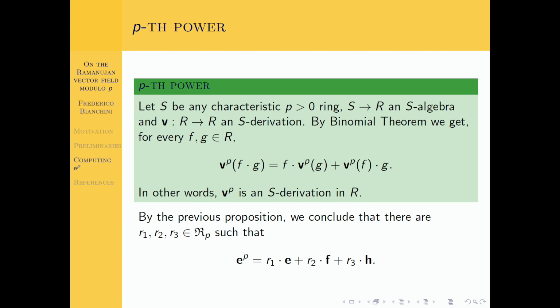It's very simple to prove. The first step to compute e to the p is writing e to the p in this basis. We know that there are 3 coefficients, R1, R2, R3, such that e to the p is written like this.